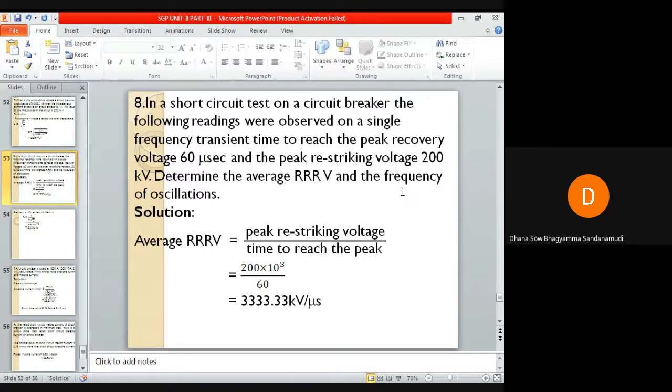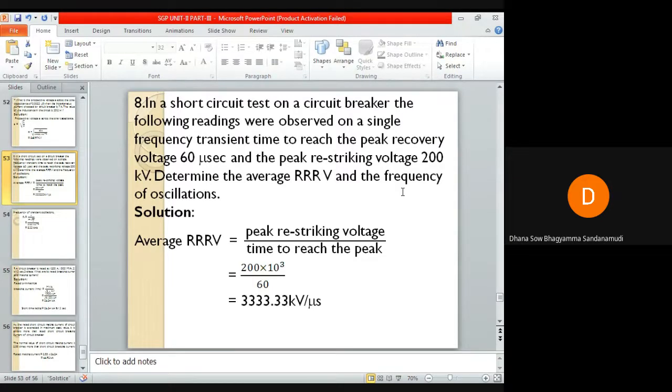And the time taken by the transient to reach this peak restriking voltage is, you already know the formula, pi root L by C, but no need of using that formula also. Directly the value is given, that is 60 microseconds.